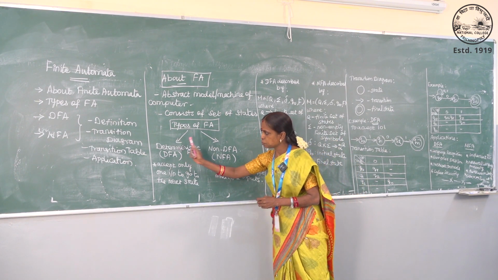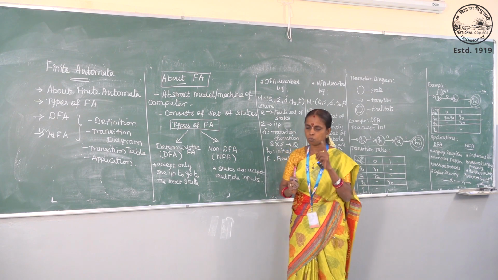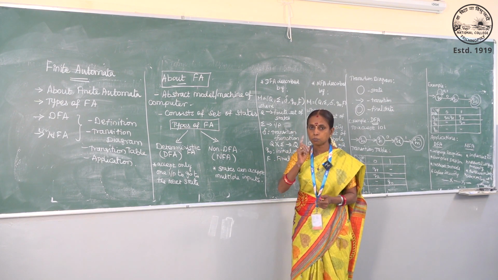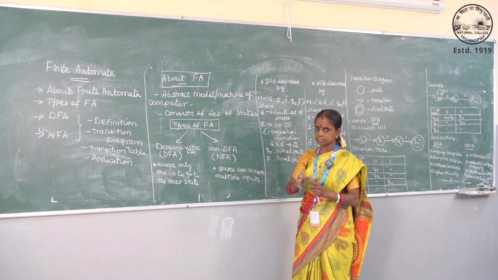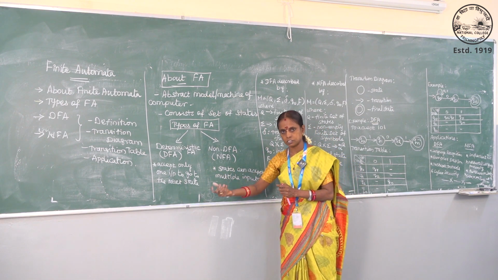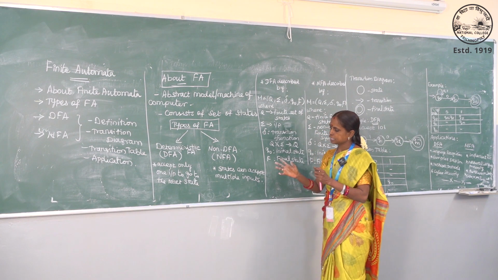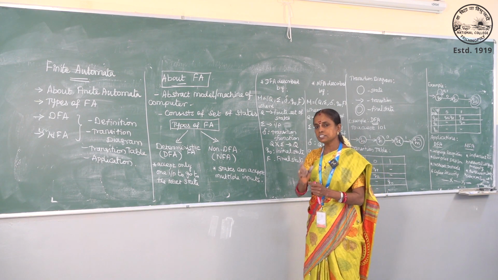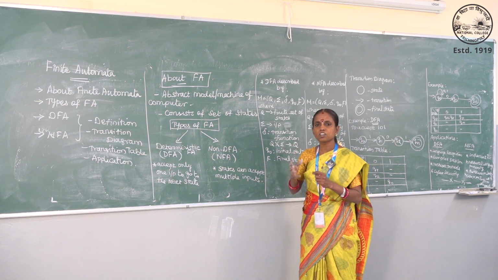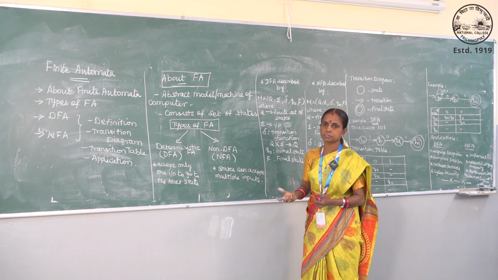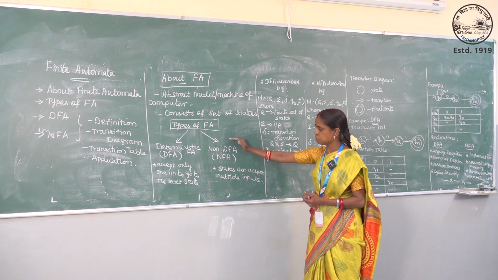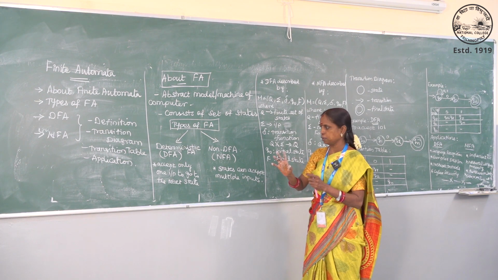So deterministic finite automata accepts only one input first. Each state accepts only one input. After accepting the input, it goes to the next state. But in the non-deterministic finite automata, each state accepts multiple inputs. We cannot determine which input it accepts. So non-deterministic finite automata accepts multiple inputs.